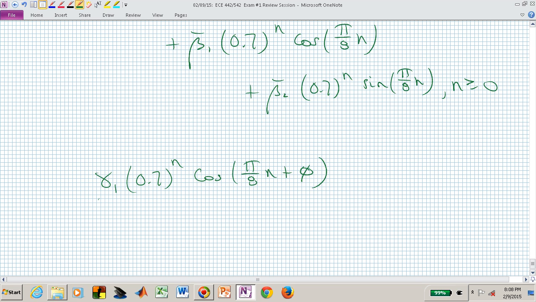Now I could apply my cosine of the sum of two angles. I could say this is cosine pi over 8 n cosine phi minus sine pi over 8 n sine phi. And now do you see where that sine and cosine might come from?